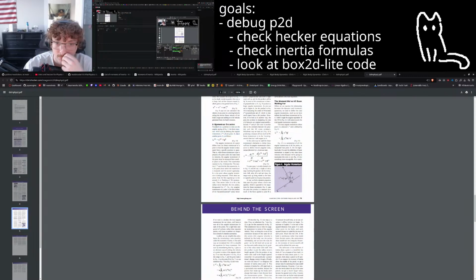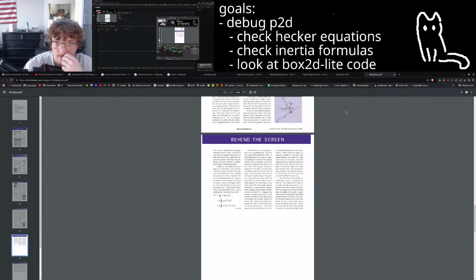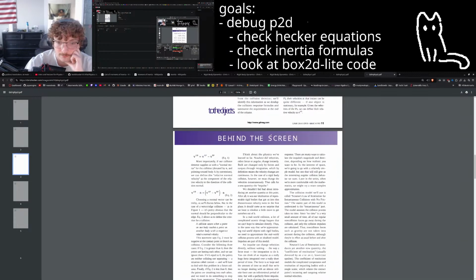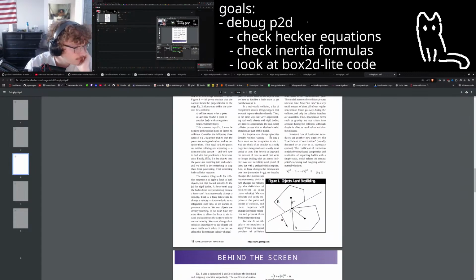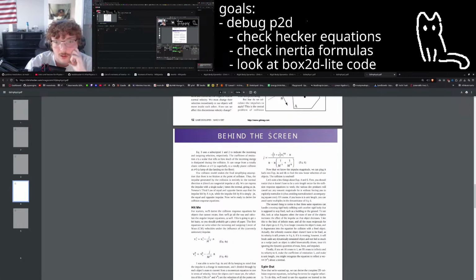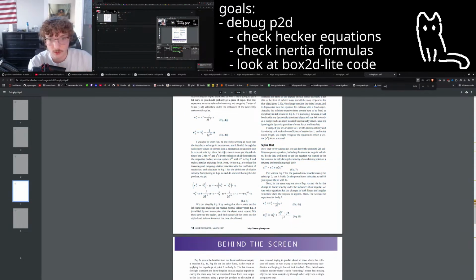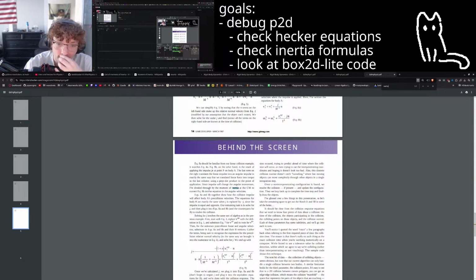Angular momentum. So, it mentions inertia. Since impulse will change the angular momentum, the moment of inertia at the center of mass.